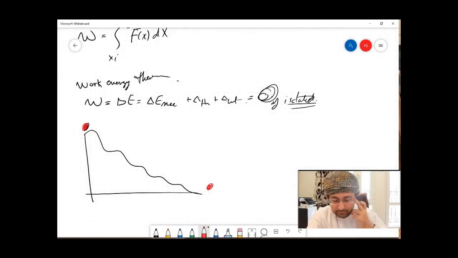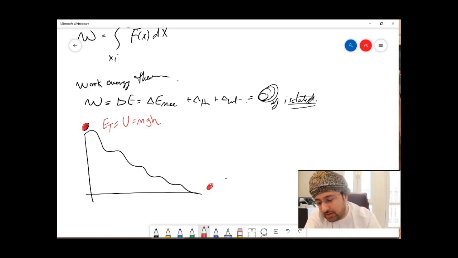Okay. The easiest thing for me here is to see my total energy up here is simply potential energy. It's not moving, it's not doing anything else, so it's simply mgh. There's no friction or anything else. If there is friction, I can factor it into this equation. But if there's no friction or anything else, then the simplest thing I can do is say my total energy here is simply kinetic energy, half mv squared.